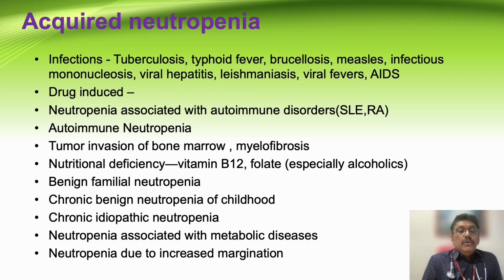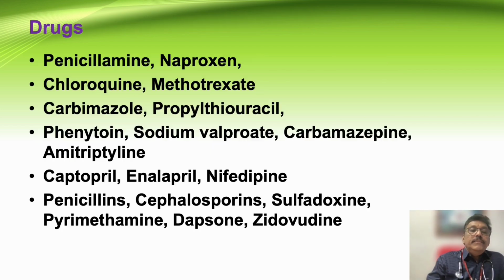Others include invasion of bone marrow, myelofibrosis, nutritional deficiency like B12 and folic acid, benign familial neutropenia, chronic benign neutropenia of childhood, chronic idiopathic neutropenia, neutropenia associated with metabolic disorders, and neutropenia due to increased margination. So many disorders can reduce the neutrophil count in our blood.